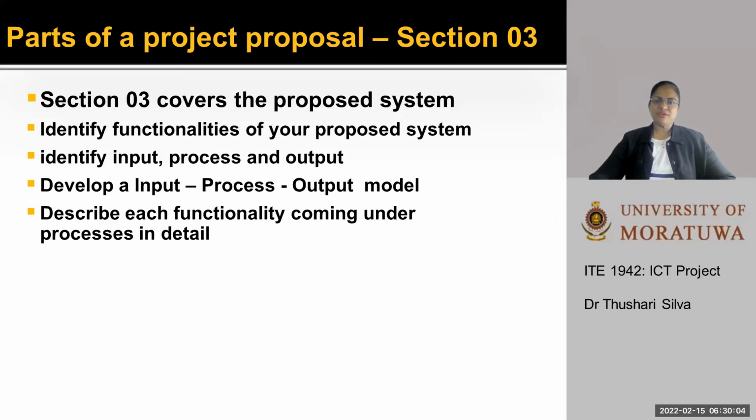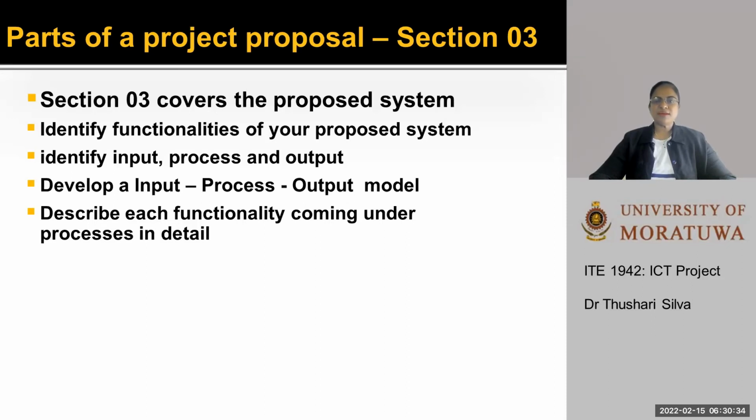That's what I mentioned about the major processes before. Once you have identified major processes, you should be able to break them down into functionalities which are really important. As I told you last time, don't break into too simple tasks here. Major components need to be elaborated using major functionalities. This leads you to generate the model: input, process, output.